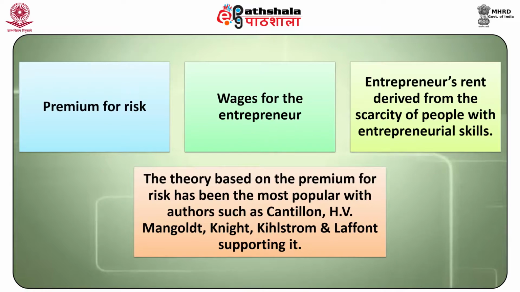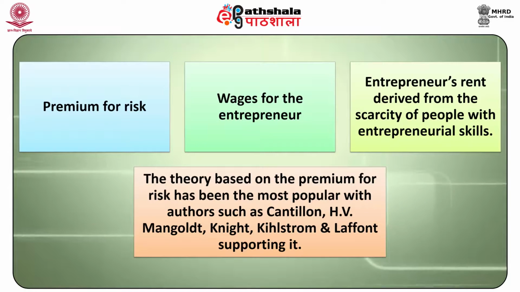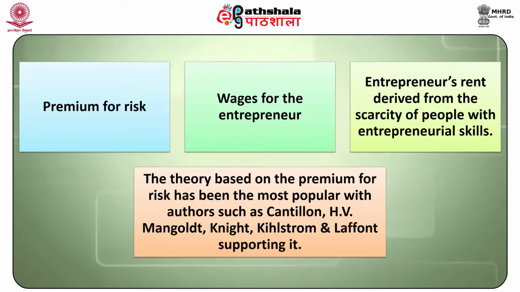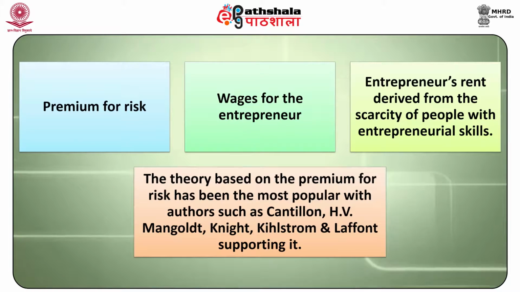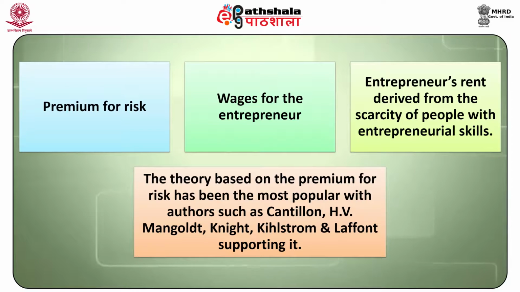This rent is considered as a residual rent which, according to F. Mangold, includes premium for risk, wages for the entrepreneur, and entrepreneur's rent derived from the scarcity of people with entrepreneurial skills. The theory based on the premium for risk has been the most popular, with authors such as Cantillon, F. Mangold, Knight, Kihlstrom and Laffont supporting it.